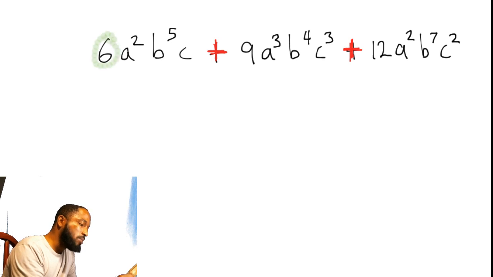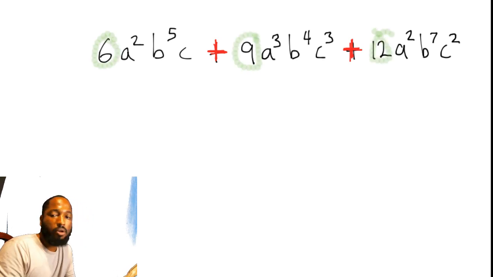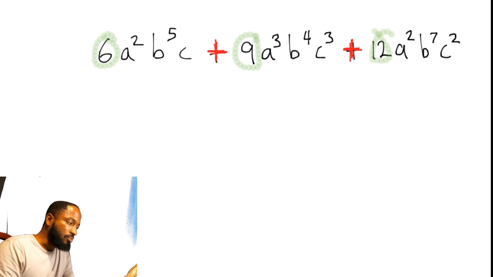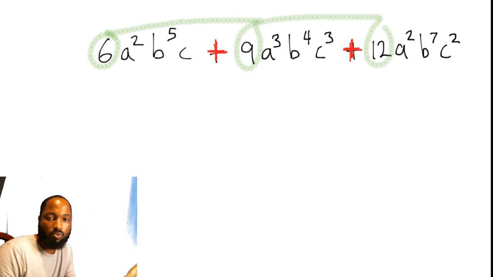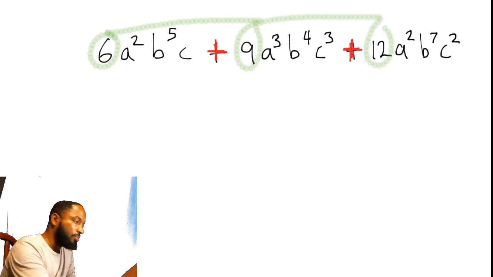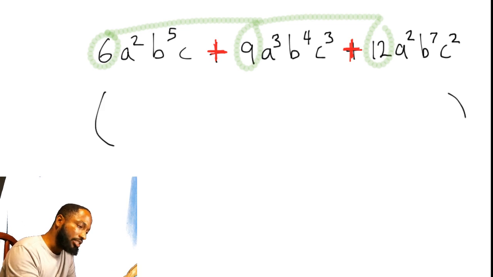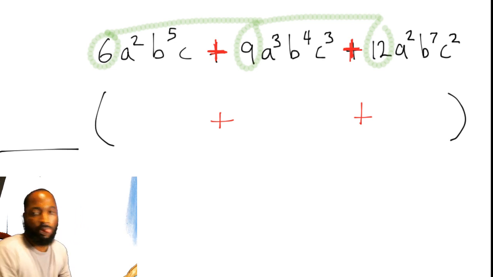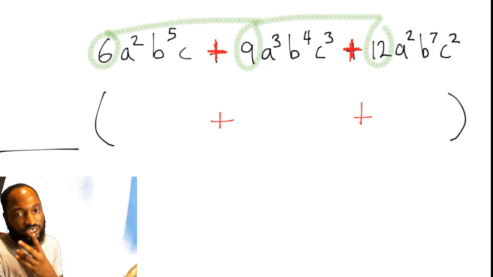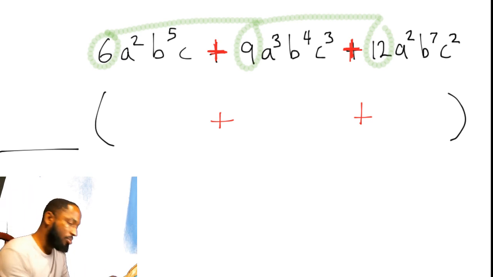So focusing on the numbers first. Focus on them numbers there. You know you're going to have a bracket here. Now I'm just going to put back these plus signs. Let's do it like this so you see it clearly. And you want to figure out what to put here. Well, the first thing you can see is that 3 is the number that's going to go into everybody there.